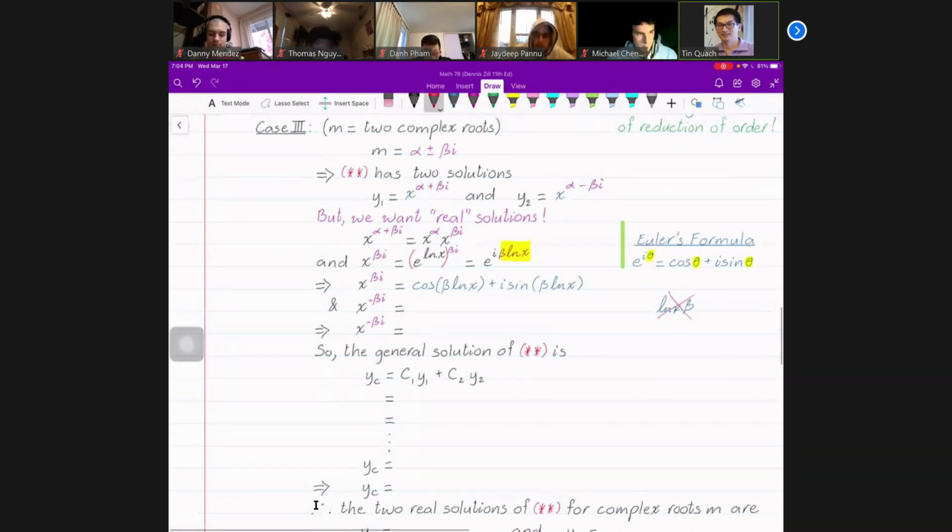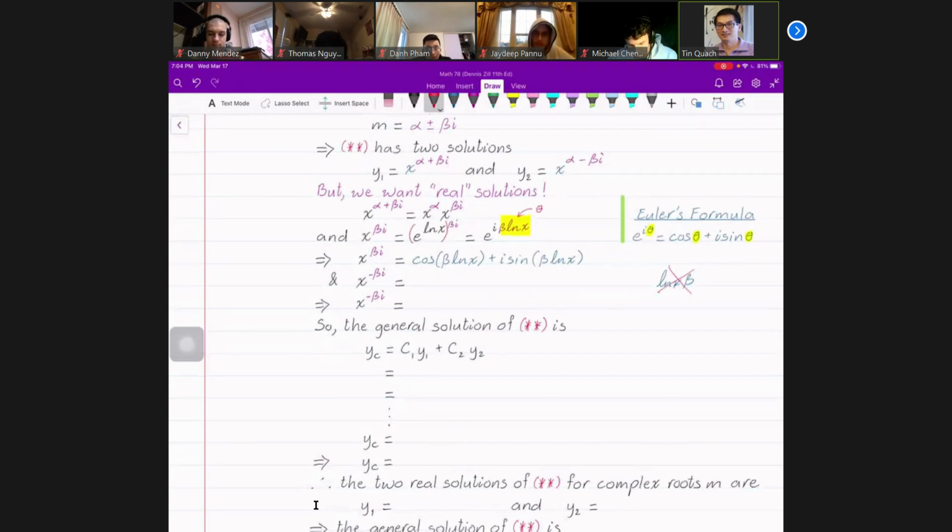So this is actually your theta. So what is x to the negative beta i? If you rewrite this, you're going to have a negative up here, so the theta is going to be negative beta ln x. So that is cosine of negative beta ln x plus i sine of negative beta ln x.